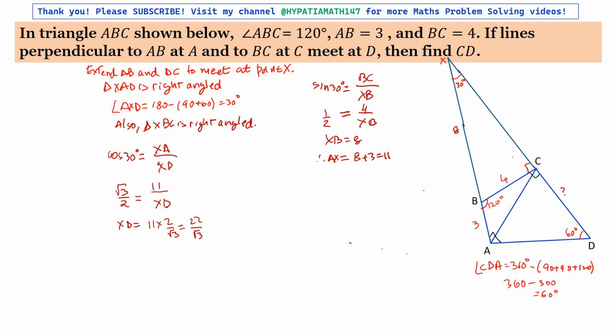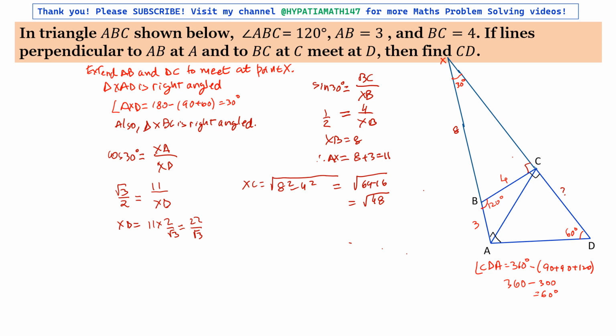XC, applying Pythagoras, is 8 squared minus 4 squared. That is 64 minus 16, that is 48.